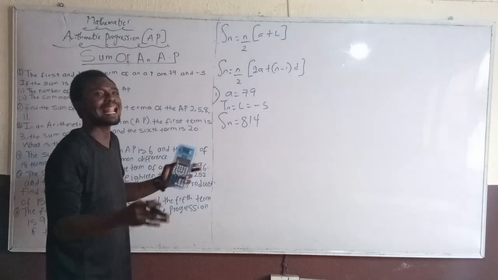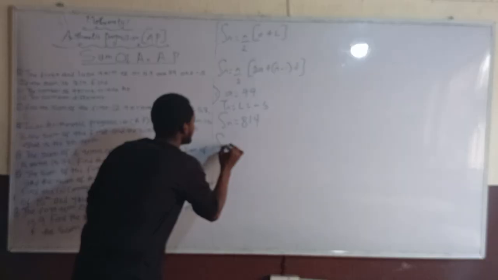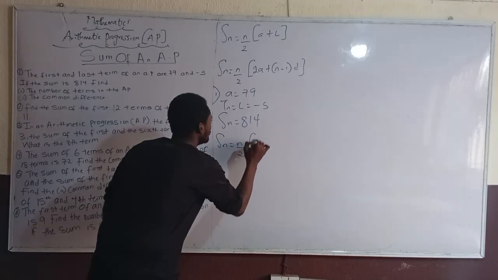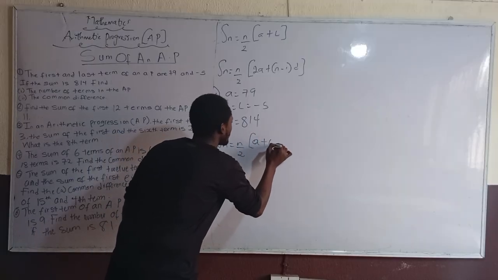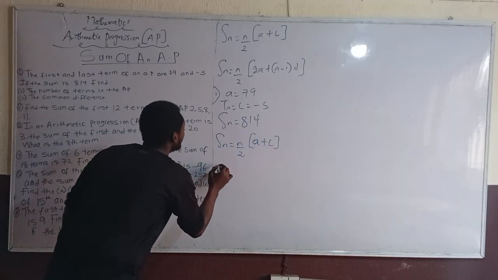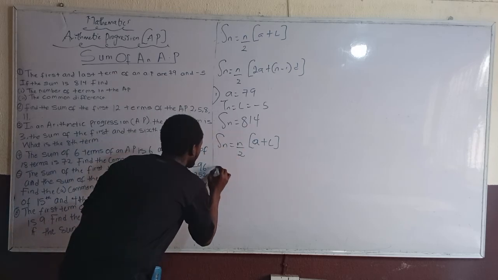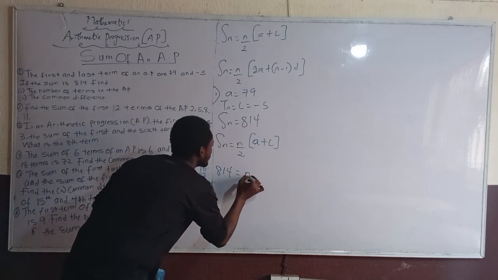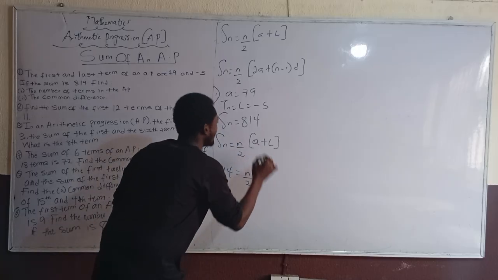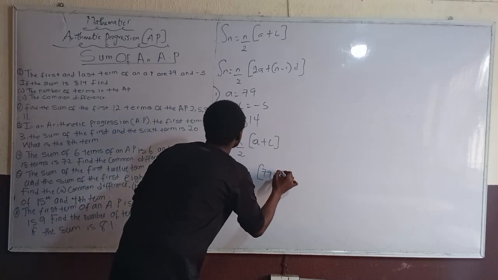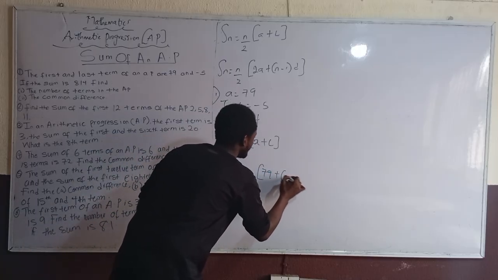Now we're given first and last term. So I will say Sn equals n over 2, then a plus l. The sum is 814 equals n over 2. My a is 79 plus l, minus 5.